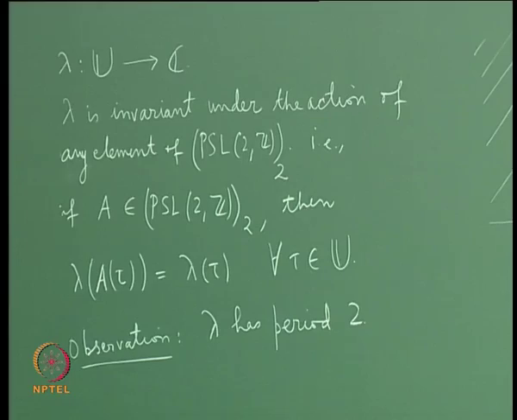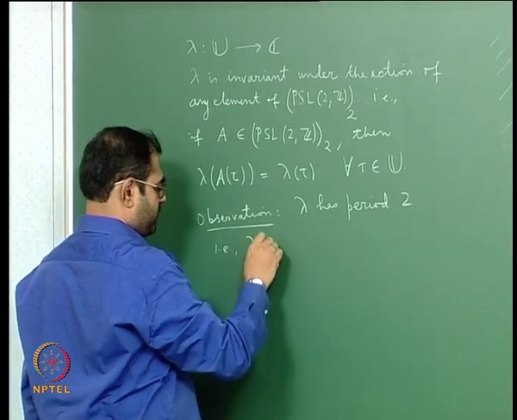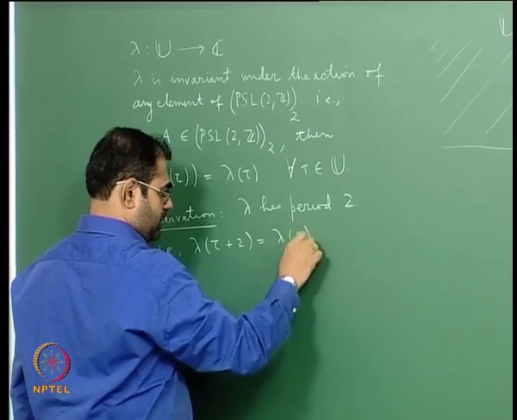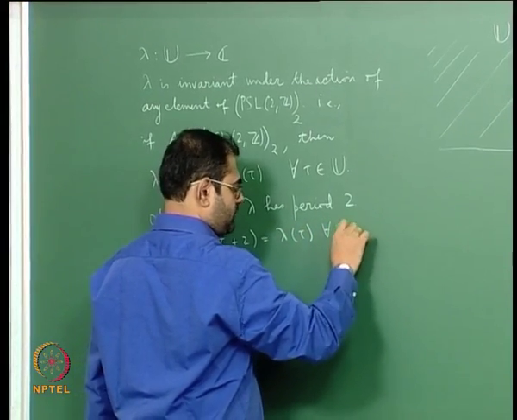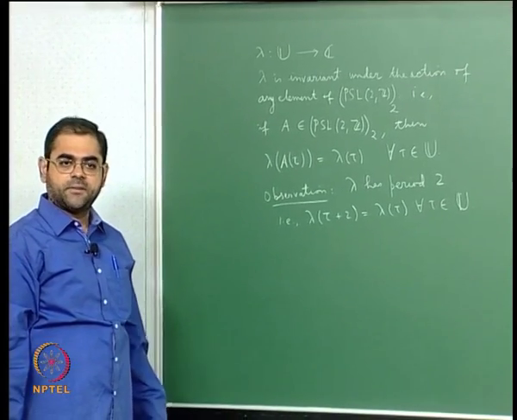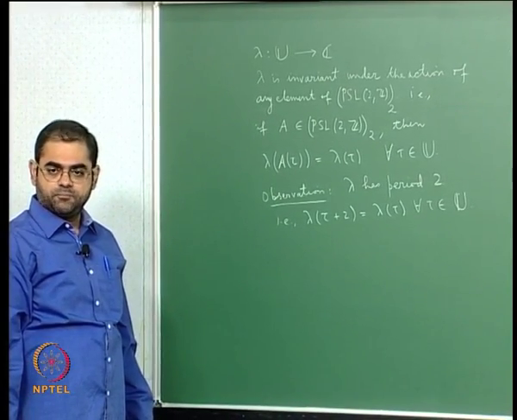That is, lambda of tau plus 2 is lambda of tau for all tau in the upper half plane. The first property is that lambda has period 2.